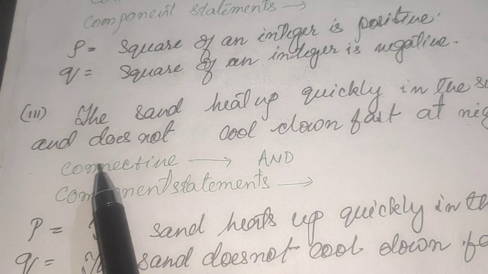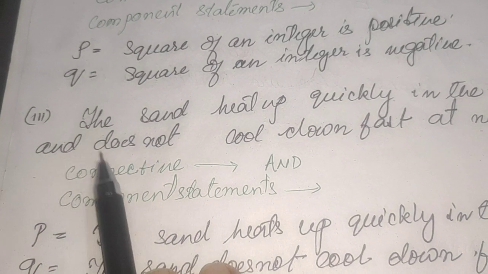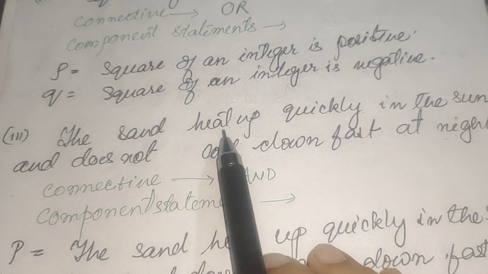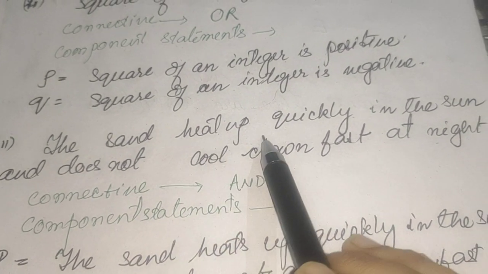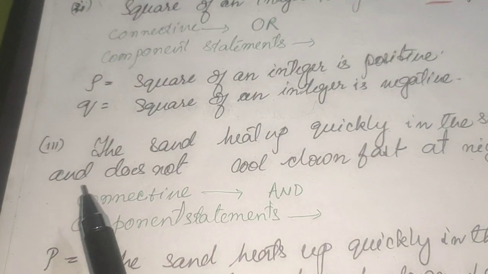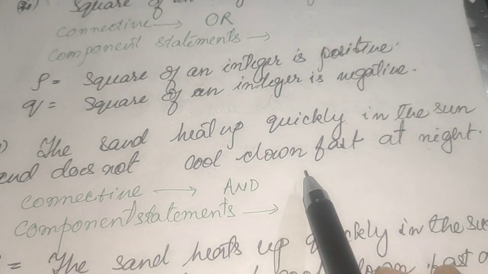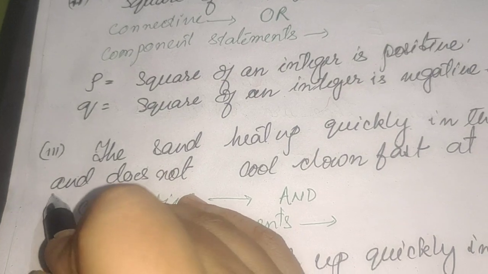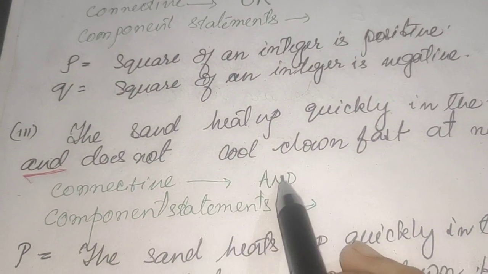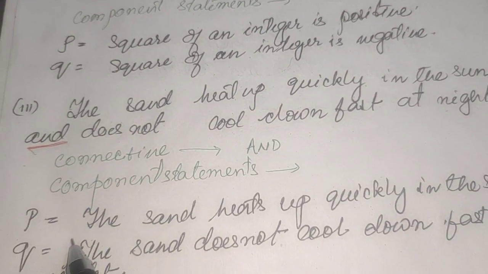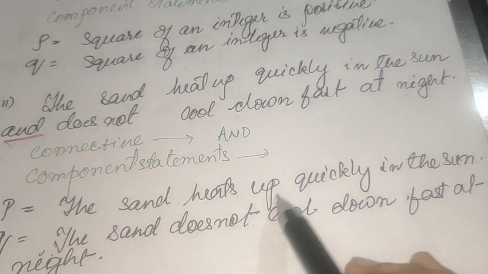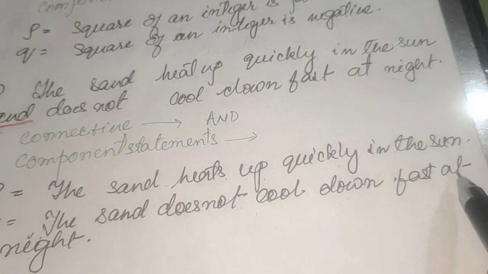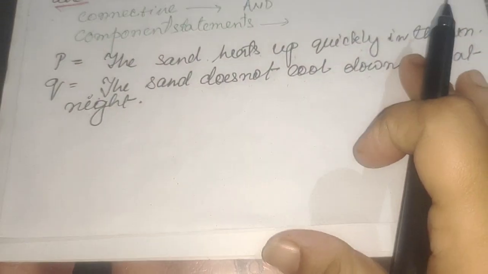Next, question number 3. The third question is the sand heats up quickly in the sun and does not cool down fast at night. So and is the connective. The component statements are P, the sand heats up quickly in the sun, and Q, the sand does not cool down fast at night.